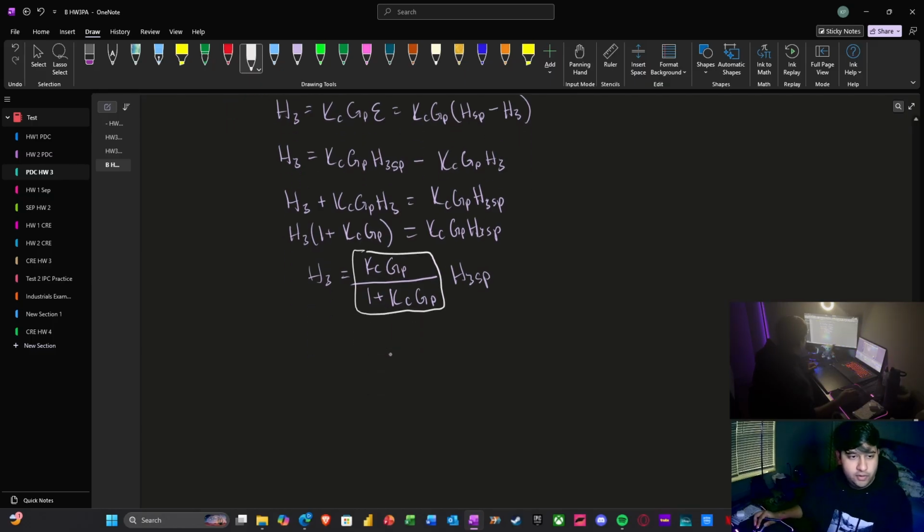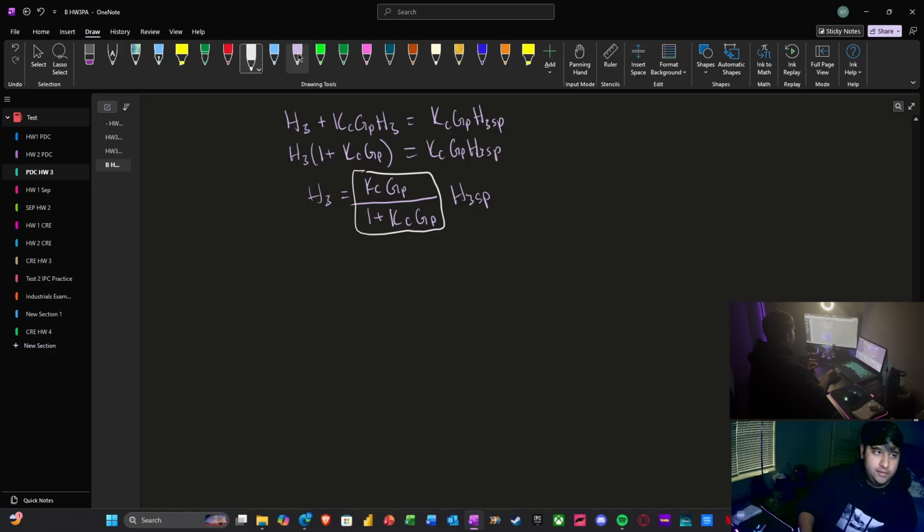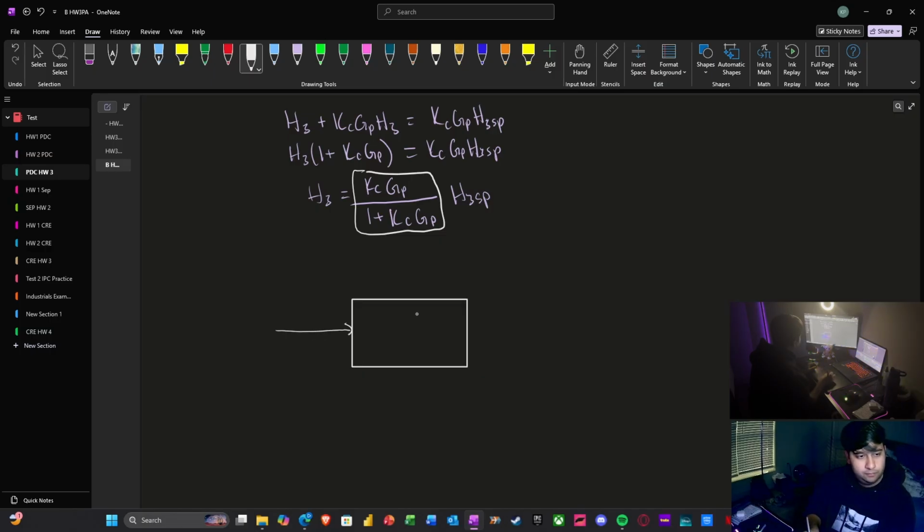How we can visualize this is by drawing. If we have our box here, its outlet will be H3, and H3SP will be our inlet. This box will represent our transfer function.